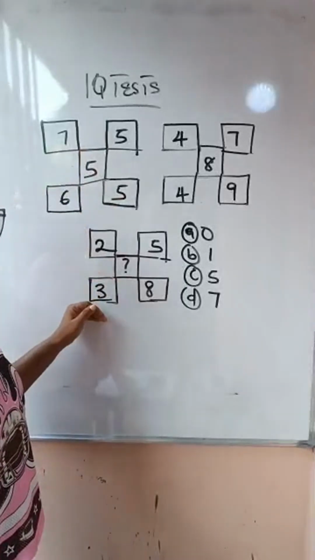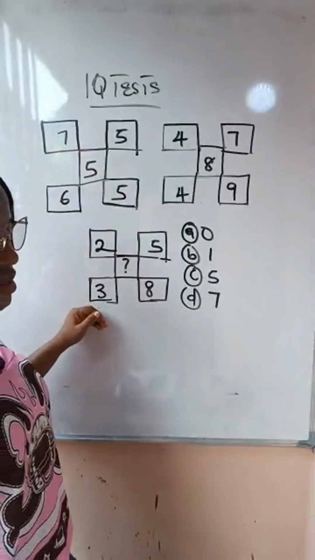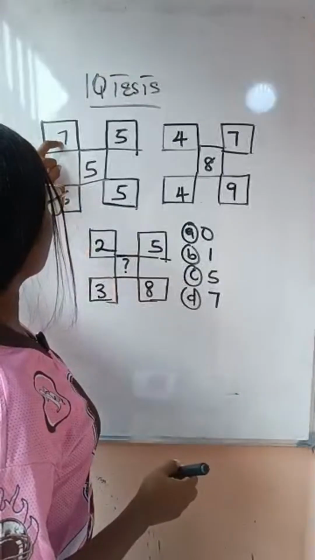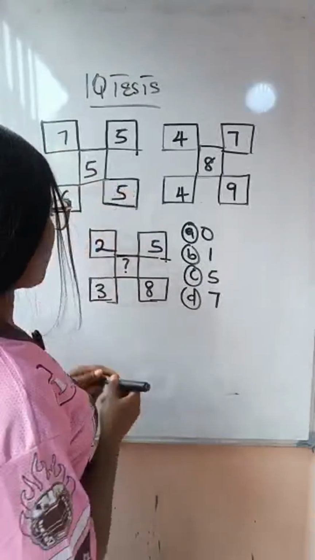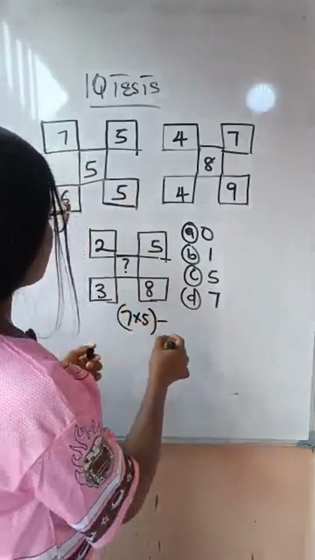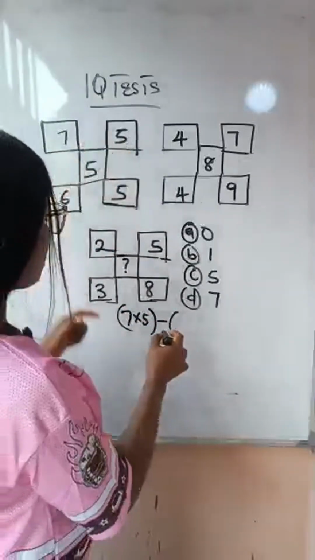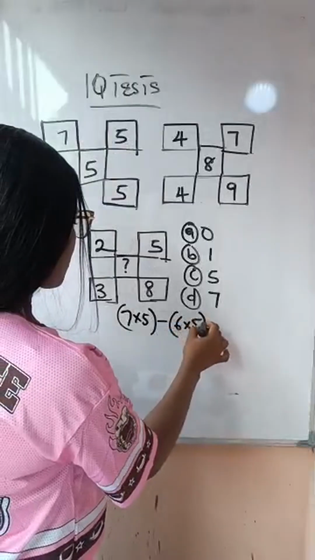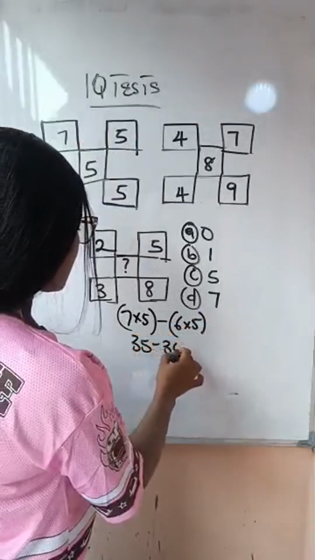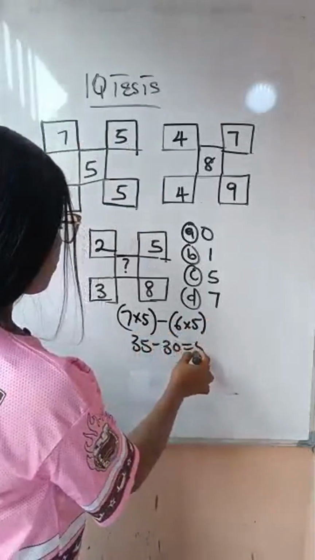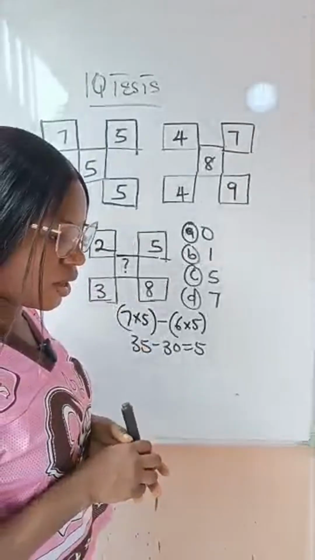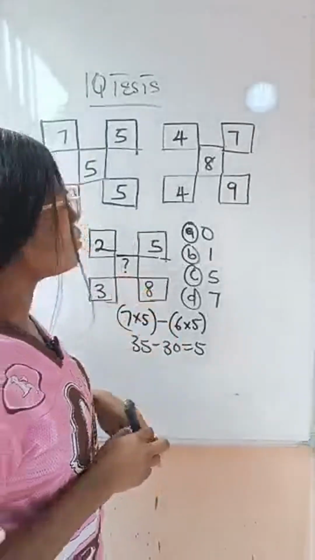If I say 5 multiplied by 5 minus 6 multiplied by 5, I will have 35 minus 30, and I will have 5. And this is the number in the middle.